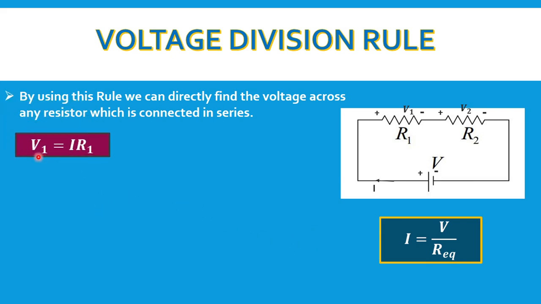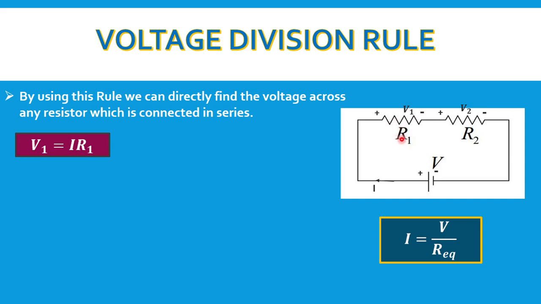Now we have to find the voltage across resistor 1. The voltage across resistor 1 is V1, so V1 is equal to I into R1.